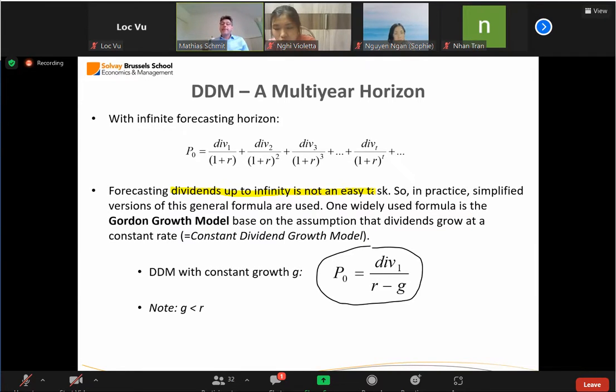In practice, how do the financial analysts do it? In fact, they use a simplified formula, and it's the Gordon-Shapiro growth model. In fact, we assume that the dividends grow at a constant rate. I will explain.